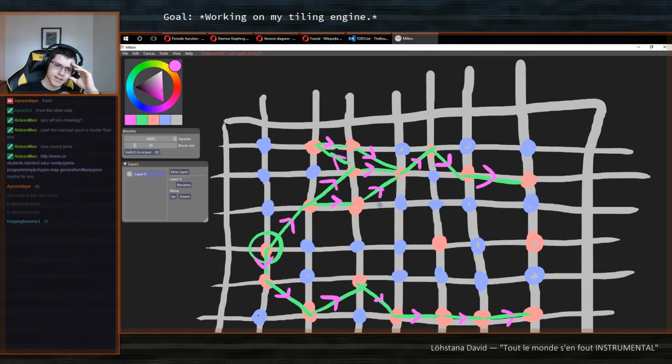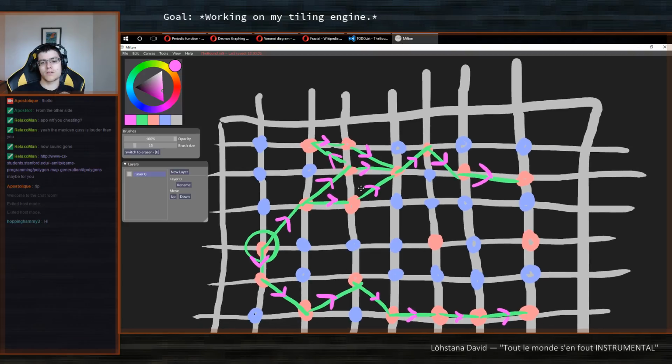Okay. Maybe I can have this concept of strength, where the flow is going from stronger to weaker. From stronger to weaker.